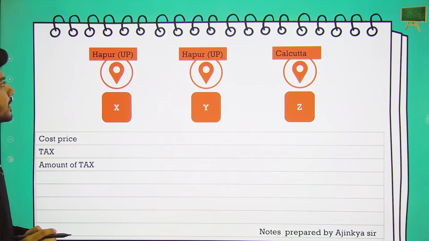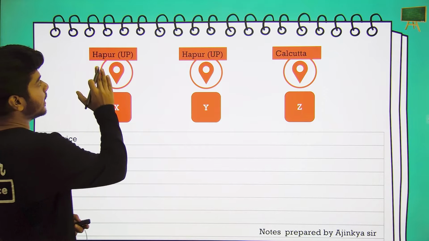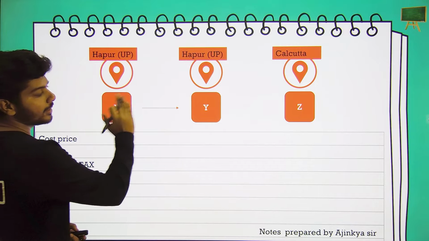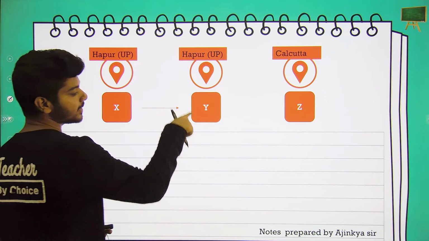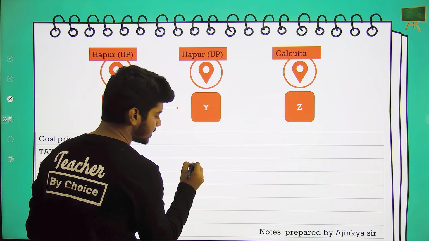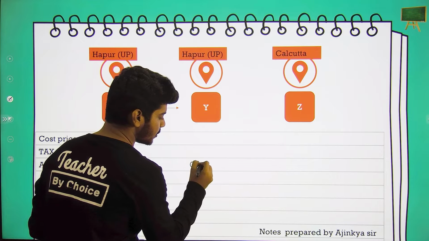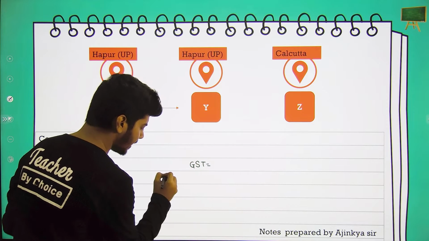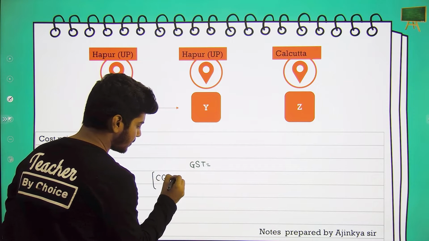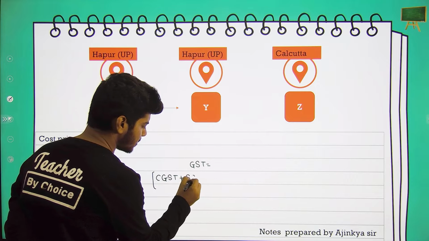Okay, so let's make the chart. From UP, the transaction is happening within the state. So in this case we will calculate normal CGST and SGST, which is your GST. Write it over here, CGST plus SGST.